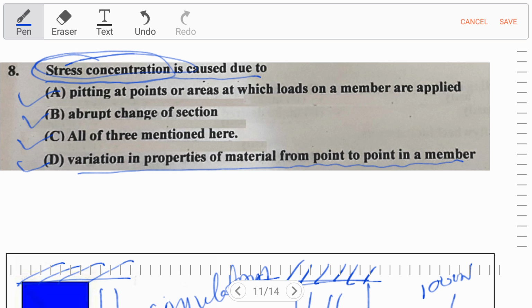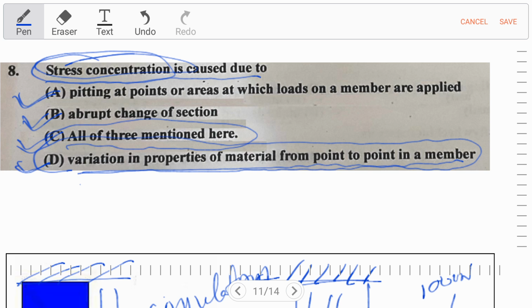Our option A is pitting at a point or area at which load on a member is applied. Next option, abrupt change of section; C, all of the above; and D, variation in properties of material from point to point in a member. Over here all the options seem to be correct. So option C, all of the three mentioned here, means A, B and D, all of the above are right.